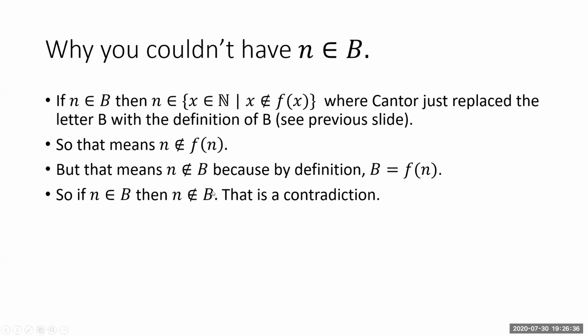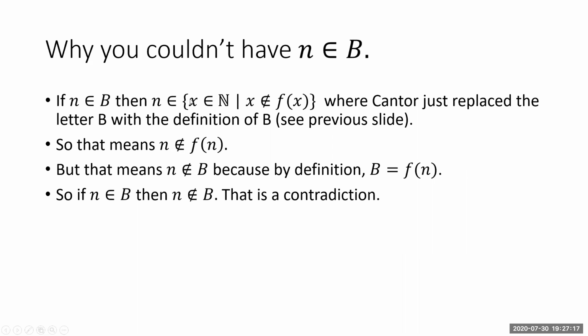Why could you not have n belongs to B? Well, if n belongs to B, then n belongs to the set of all natural numbers x who are not inside f of themselves. How did Cantor get that? He just replaced the letter B with this definition of B from the previous slide. So if n is one of these numbers, it does not belong to f of itself.